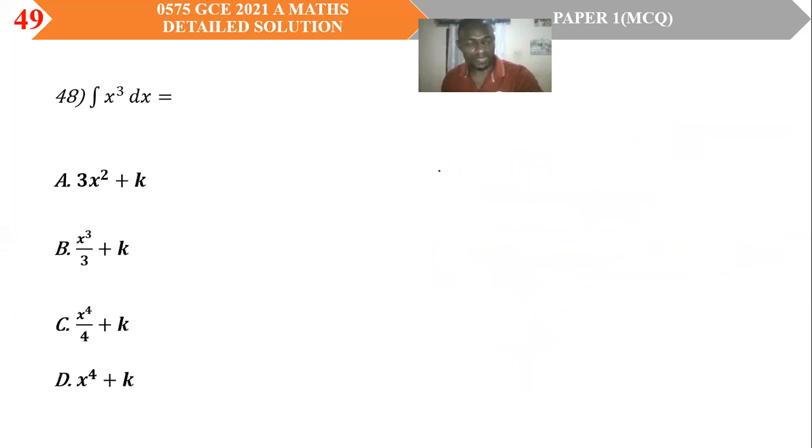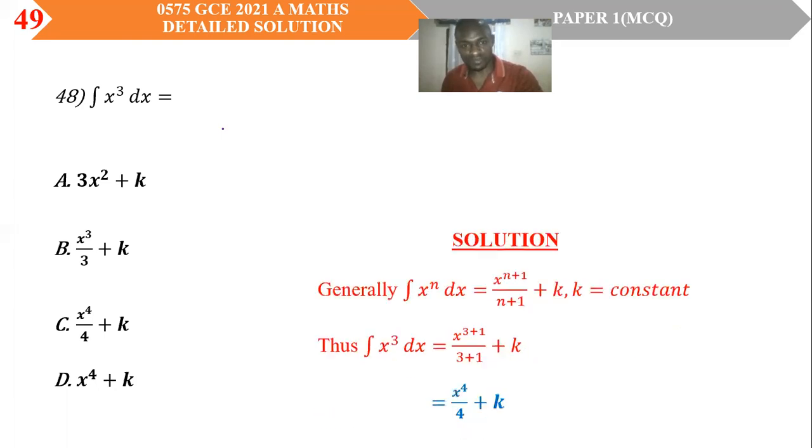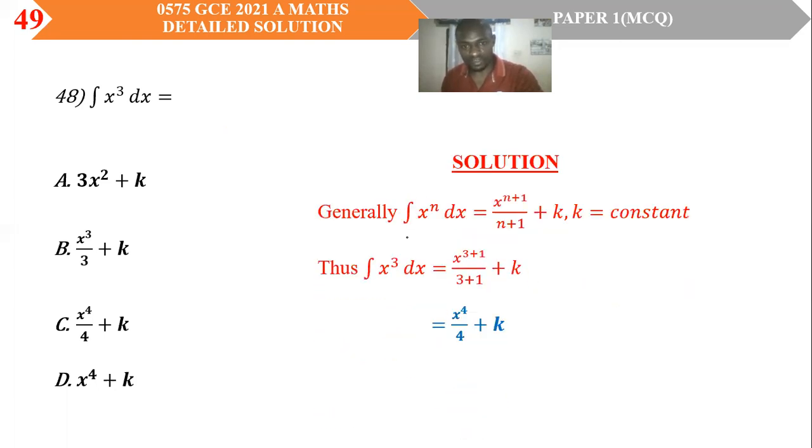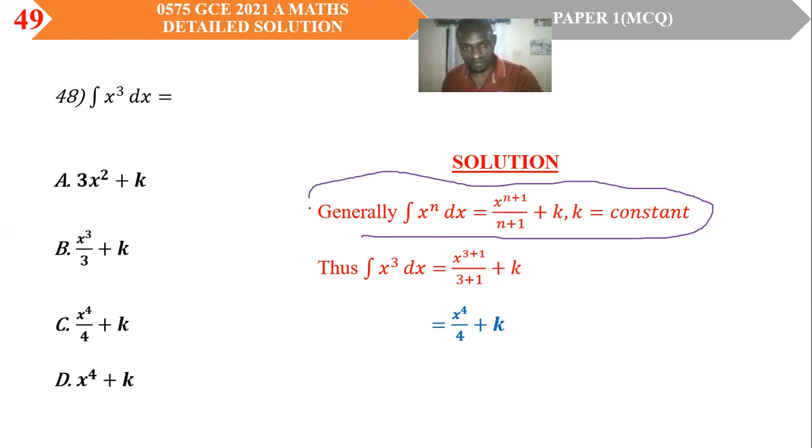Question 48. The integral of x cubed dx is equal to, generally, the integral of x to the power n dx is equal to x to the power n plus 1 over n plus 1 plus k, k being a constant. This is called the general formula for integrating a power function x to the power n.